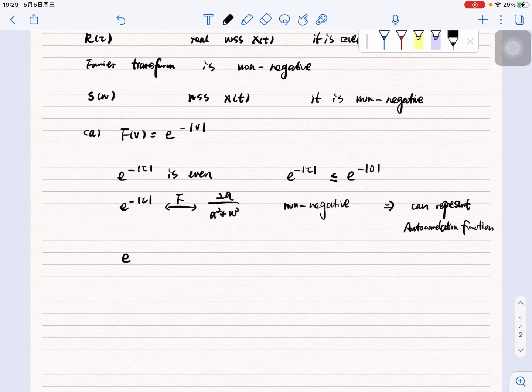And we have e to the minus absolute value of omega. It is always larger than or equal to 0. Therefore, it can represent the power spectrum.